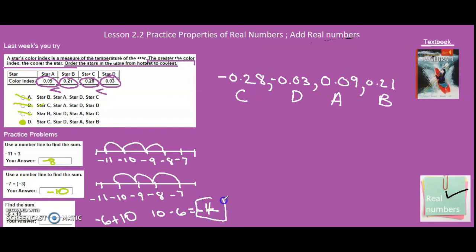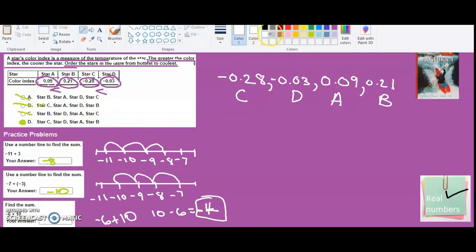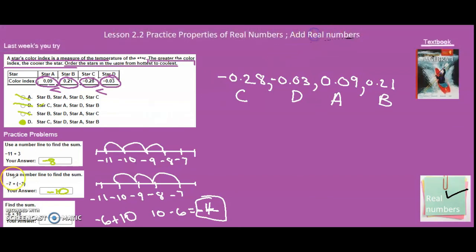Yay, we got the answer. Negative 4 is the answer to the final problem for us today. Let me write that in the box below. Negative 4. Now that we're done with all these practice problems, for this week I'm not going to be giving you new you-try problems since we went through a lot today.